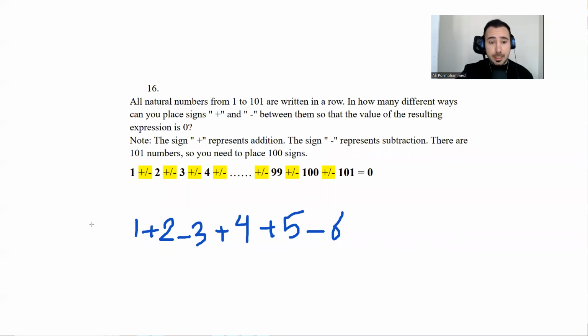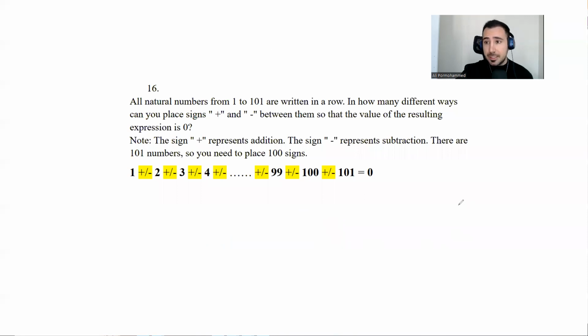I want to give you the answer. The answer is impossible. There are no such answers. There's not even one single answer that would create this 0. And why this is not possible, we're going to start like this.